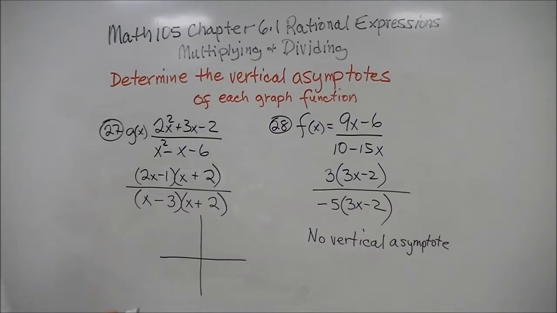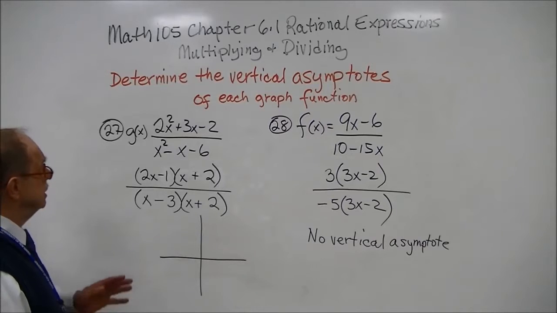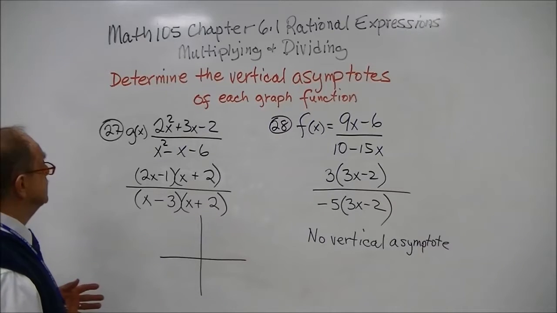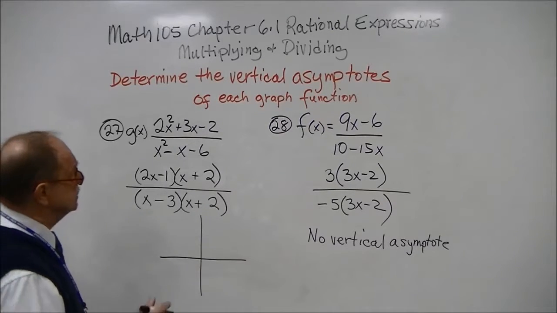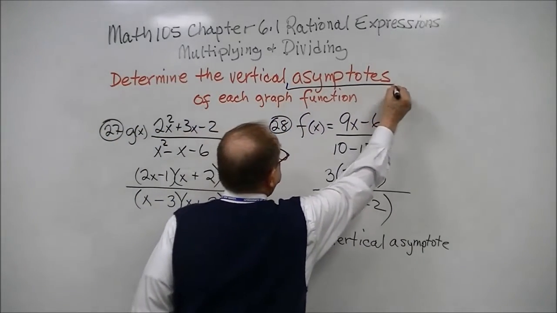As we go into the last 2 examples, again, I'm not sure how far each instructor will be going into the course, but I thought this word was sort of interesting here. Asymptote.